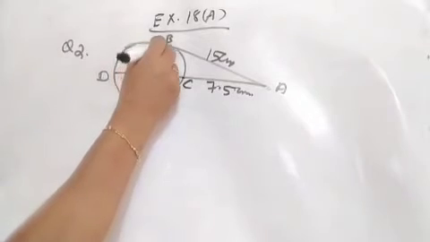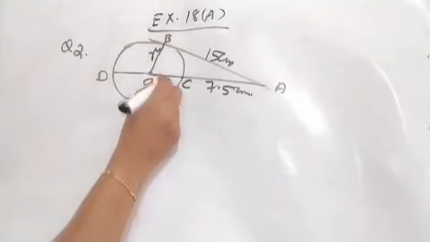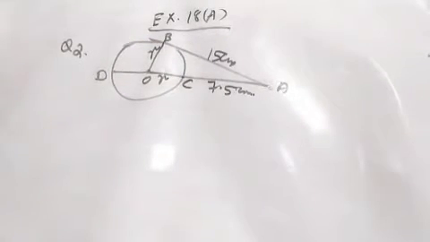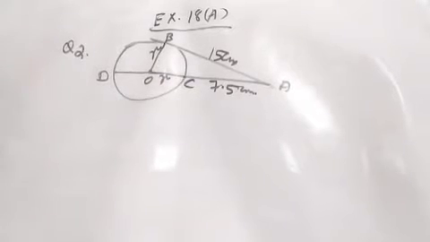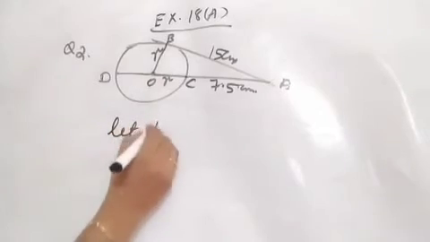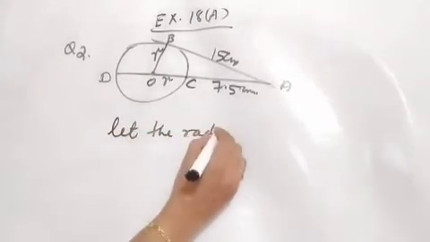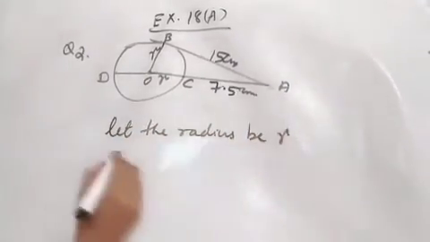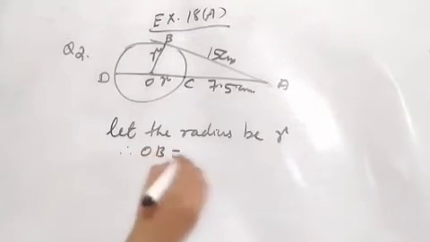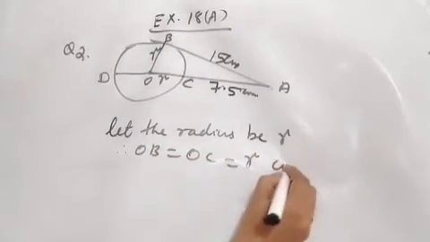Let the radius be R. And what about this length OC? That is also the radius of the circle, no? So we can mark OC as R centimeter. Therefore, OB equal OC equal R centimeter.